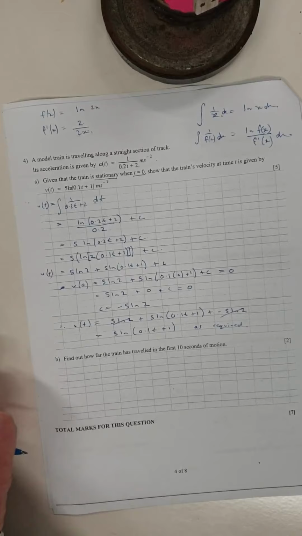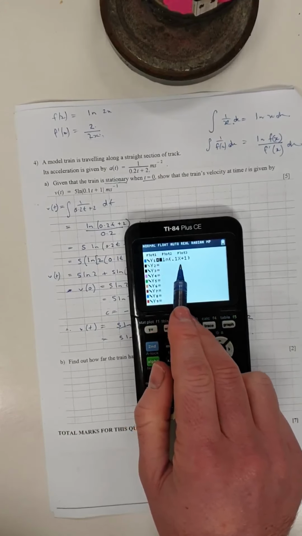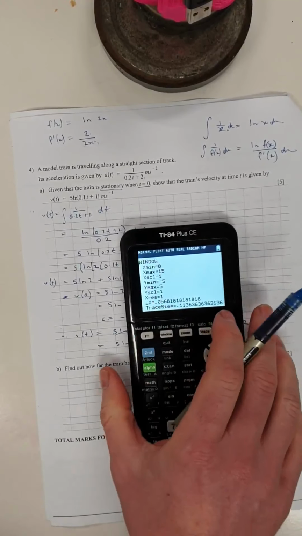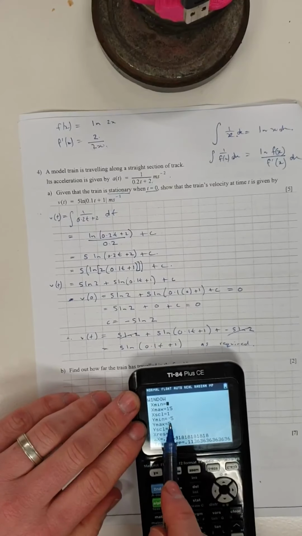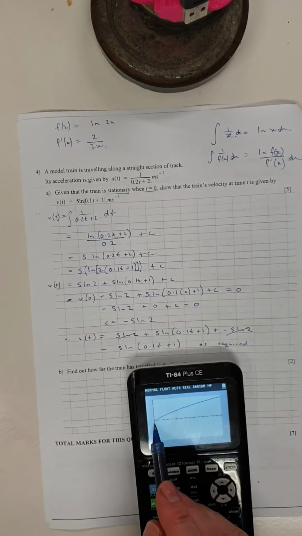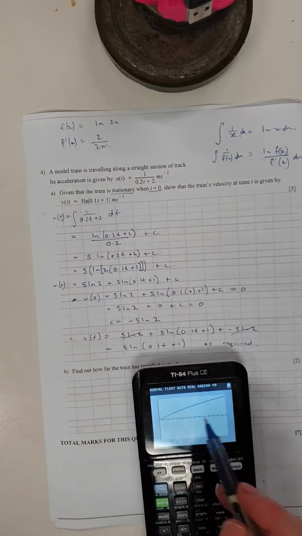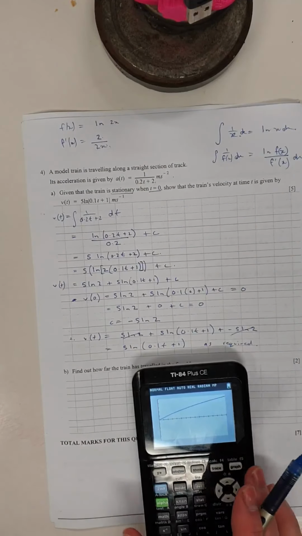So what I've done is I've just chucked it in my calculator. 5 ln of 0.1x plus 1. And I've gone, well, my window needs to be up until at least 10 seconds. So I've gone up to 15. And I've had a guess at minus 5 to 5. And from that I can see that yes, it is 0 when time is 0, stationary. But from then on, it's always a positive function. So it kind of makes it easy for me.